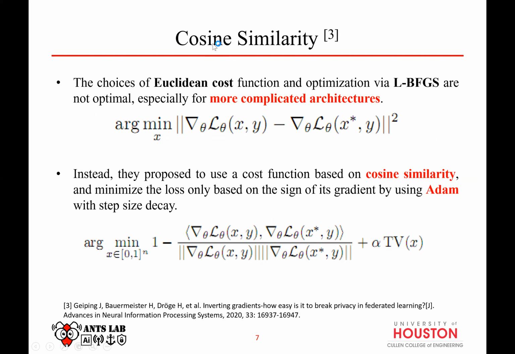And this is the third method. The difference is they consider the choice of the L2 cost function and optimization via LBFGS in the first method are not optimal, especially for more complicated model architectures.